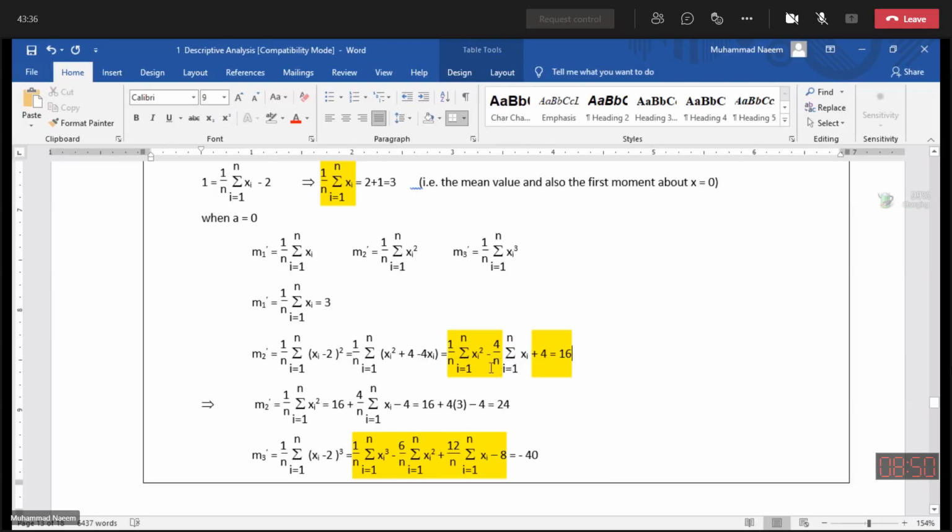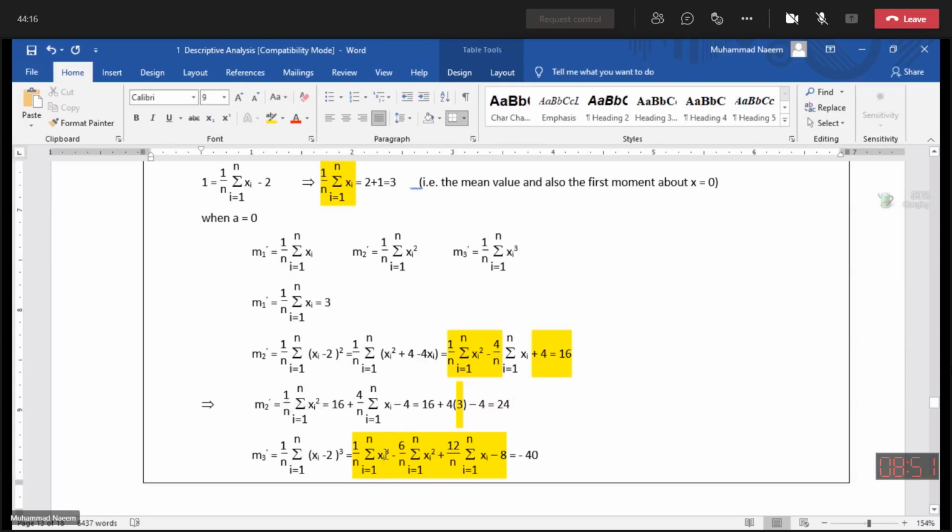So putting the value 3 and simplifying with the rest of the terms, we have 24 on the right hand side, and on the left hand side we have 1 over n sigma xi square, the second moment about origin.